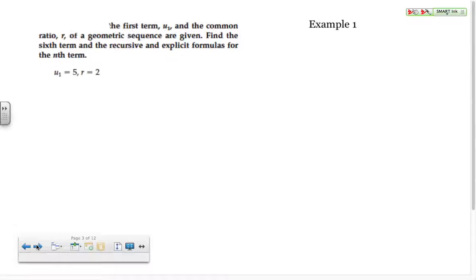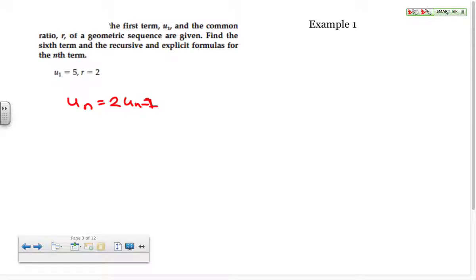Okay, so my recursive form is u sub n equals 2 times u sub n minus 1.